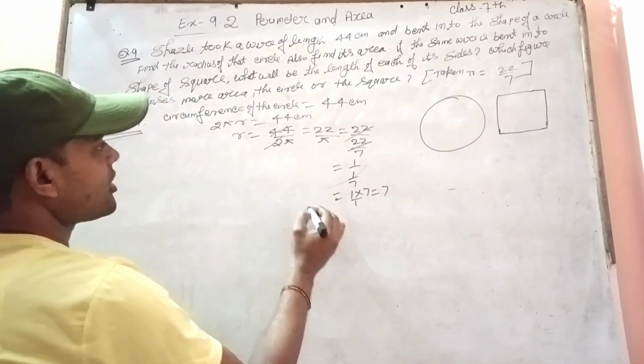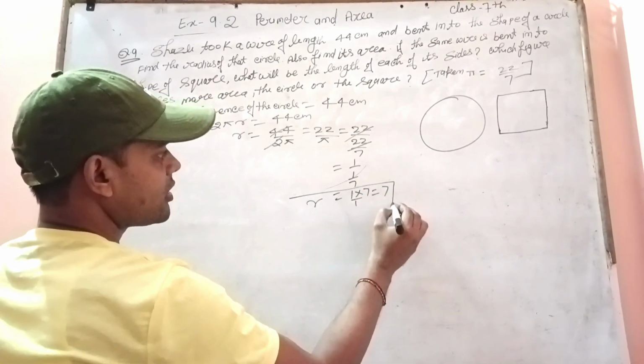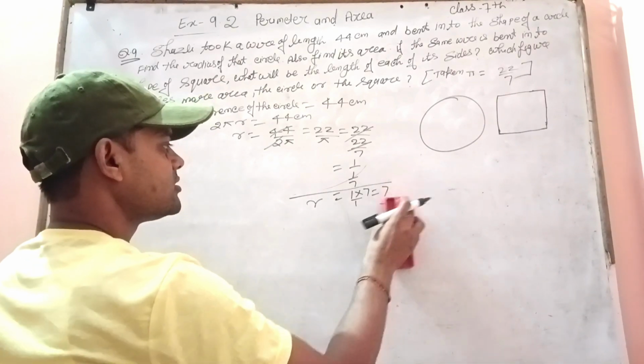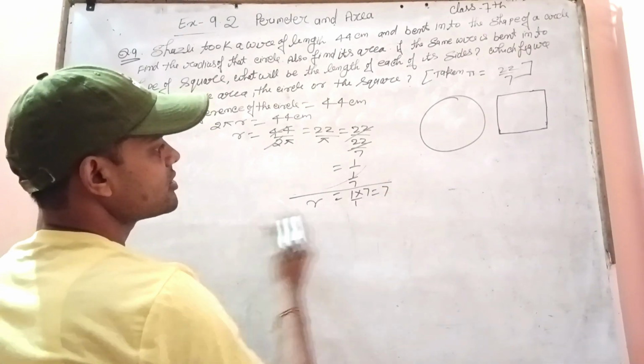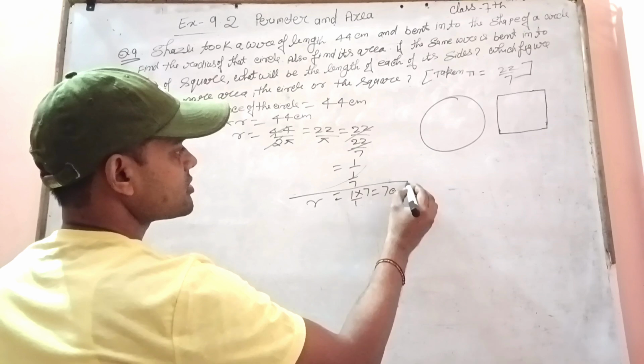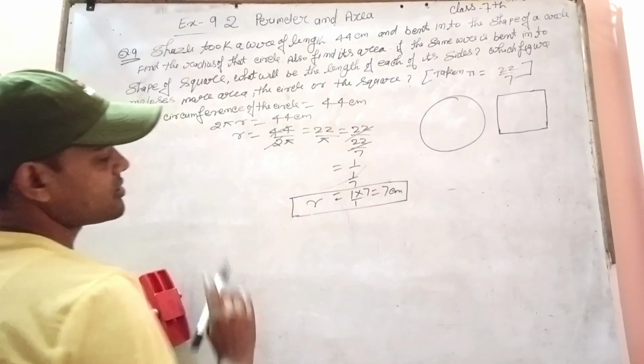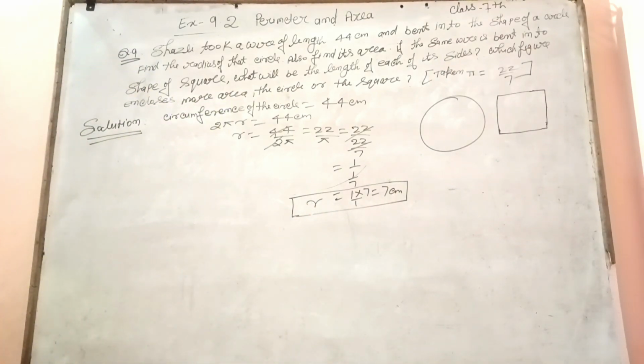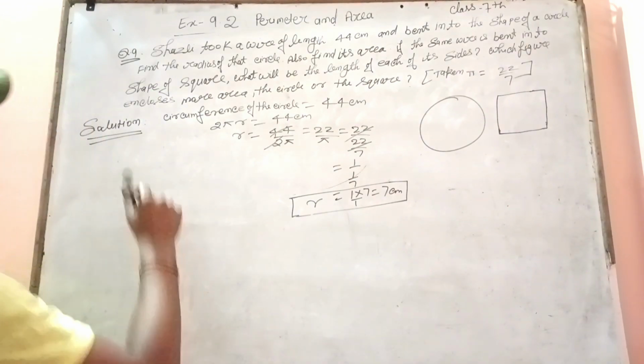This is the radius r. r is equal to 7 centimeter.